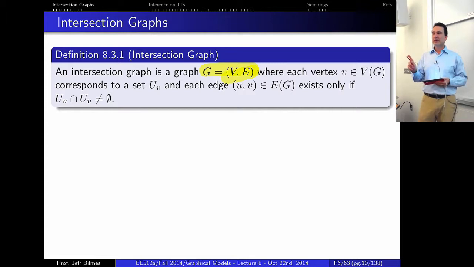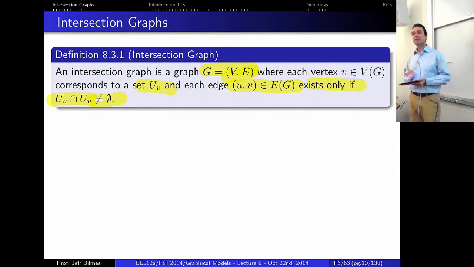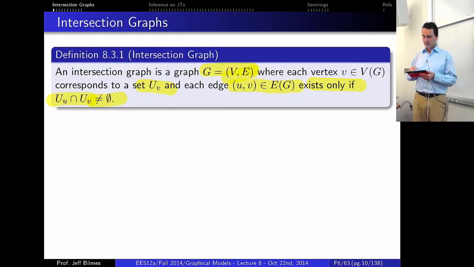The idea is that the subset U sub V is used as a testing ground to decide whether or not there exists an edge between, say, U sub V and U sub U. So we say it's an intersection graph if there's an edge in the original graph only if the corresponding sets, U sub U and U sub V, are intersecting, meaning that the intersection is non-empty.